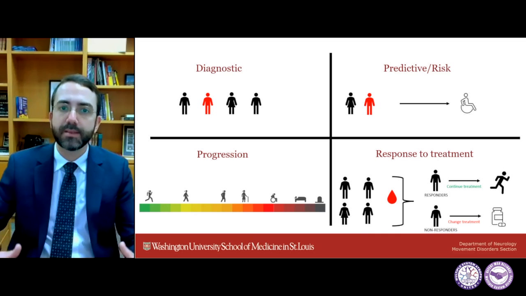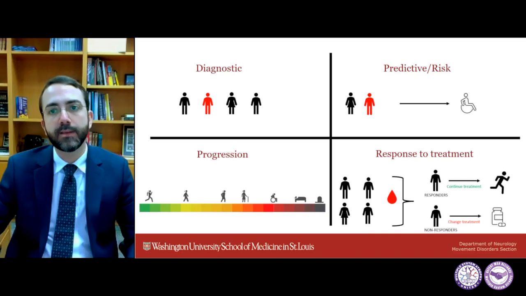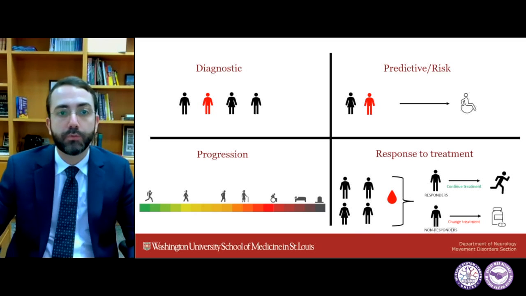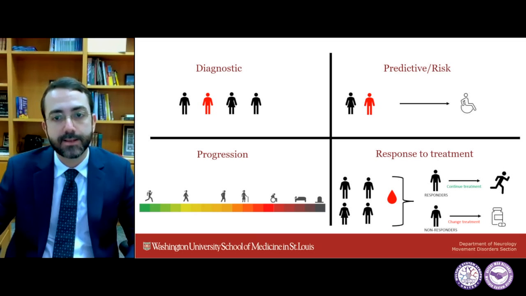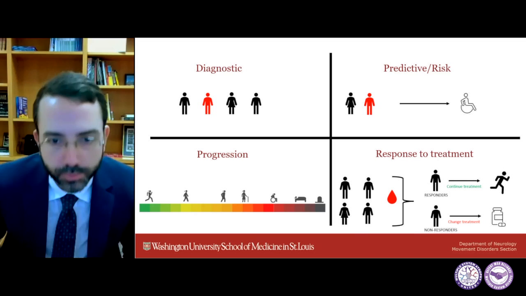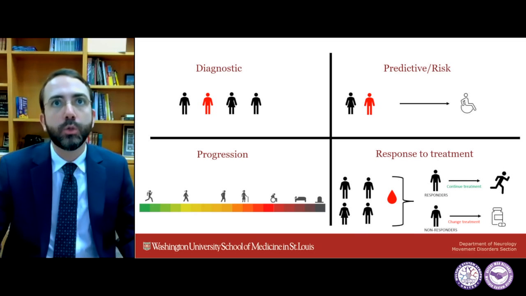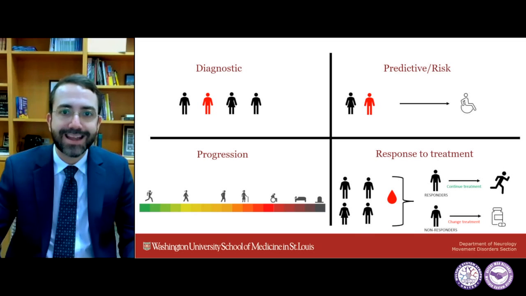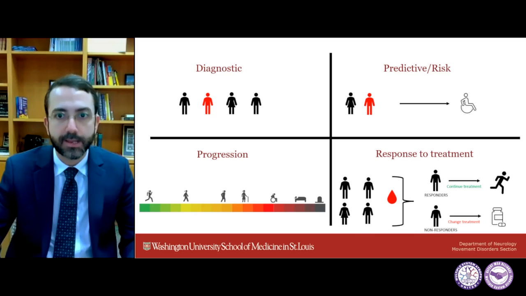So if we think about MSA, a biomarker can help us differentiate MSA from other conditions like Parkinson's disease or healthy controls that don't have MSA. And this is obviously very important when you're trying to include patients in clinical trials. We have to make sure that we have an accurate diagnosis of MSA, for example.